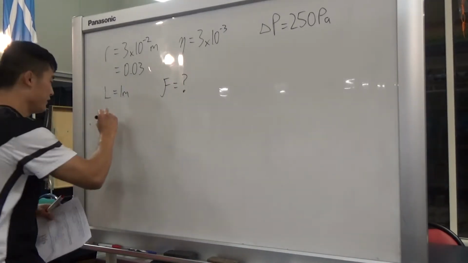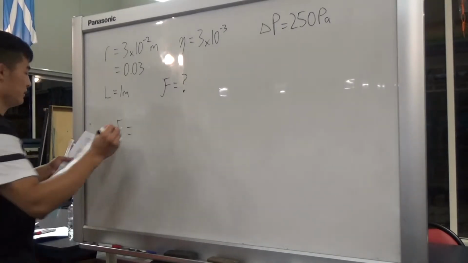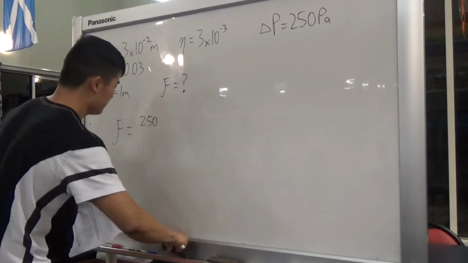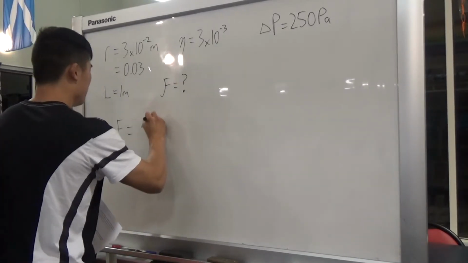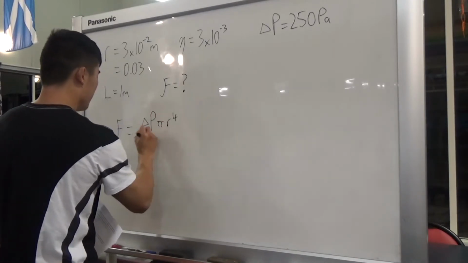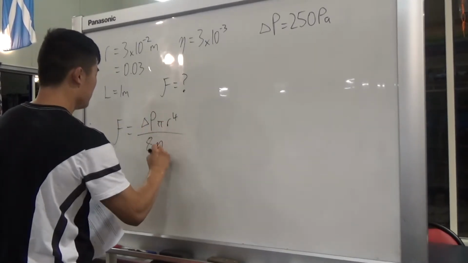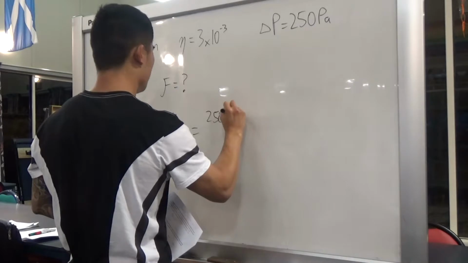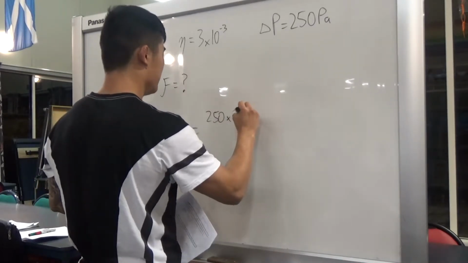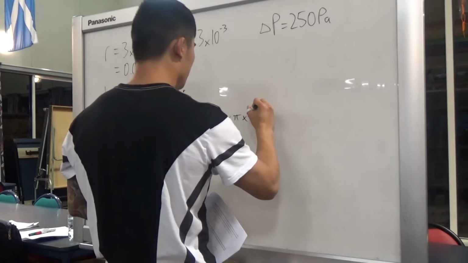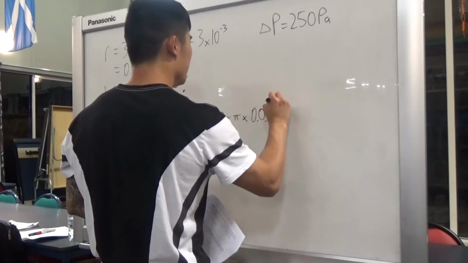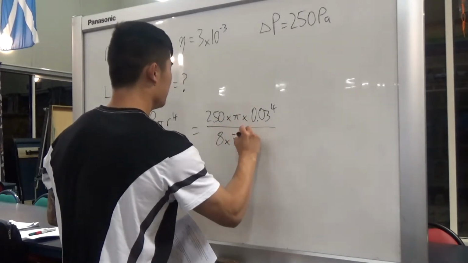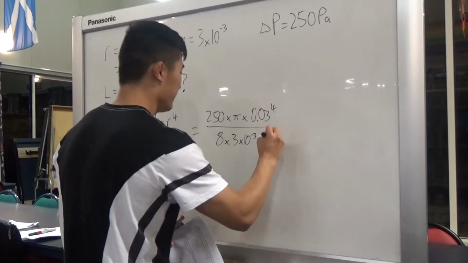Okay, so this is pretty simple. You don't have to rearrange anything. All we have to do is plug in the numbers. I'll just write out the equation first: delta P times pi times r to the 4th over 8 times viscosity times L. So 250 times pi times r to the 4th, which is 0.03 to the power 4, over 8 times 3 times 10 to the negative 3 times our length, which is 1.